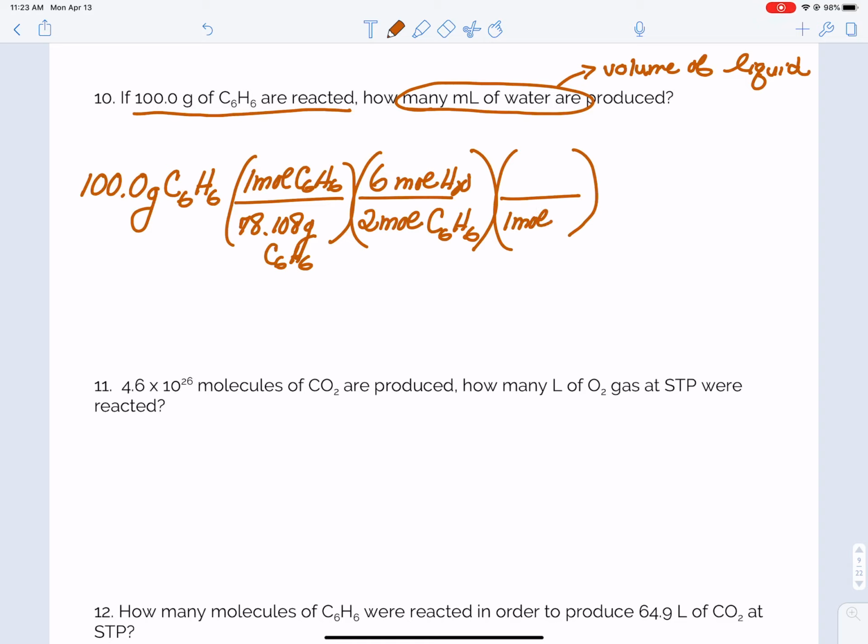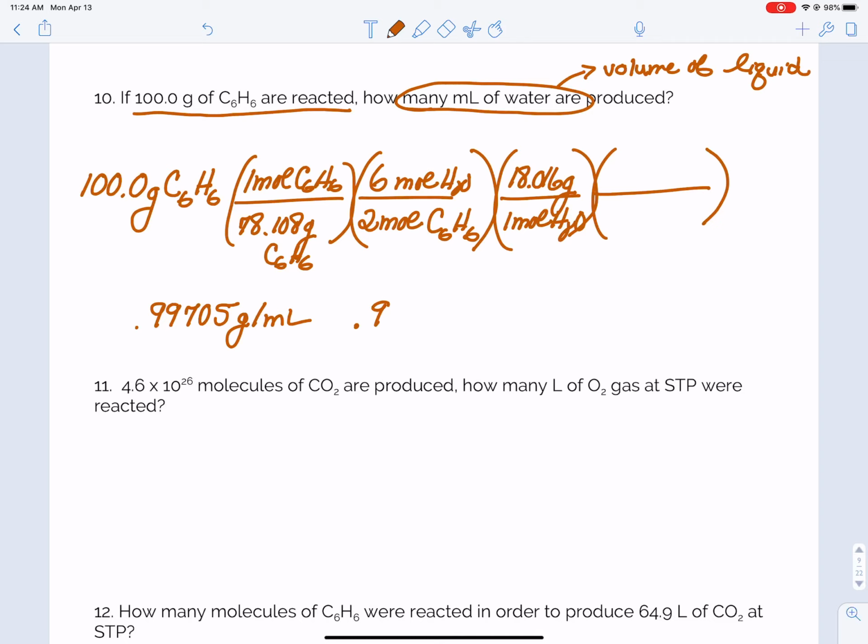Converting from moles of water, remember moles goes on the bottom, 18.016 grams on the top. That's the molar mass of water. And then I take that density of water. On the previous page, it said the density of water was 0.99705 grams per milliliter.